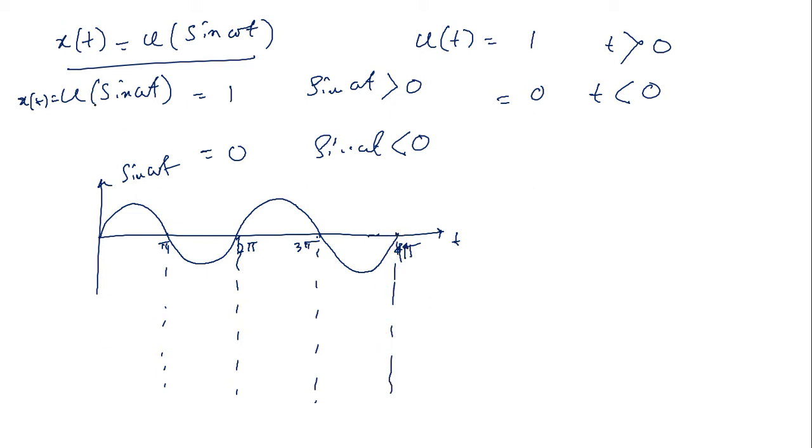If you see in this equation, u of sine omega t is 1 for sine omega t greater than 0. Sine omega t greater than 0 means the upper portion of this curve; the lower portion of this curve is negative. So I can draw this u of sine omega t.